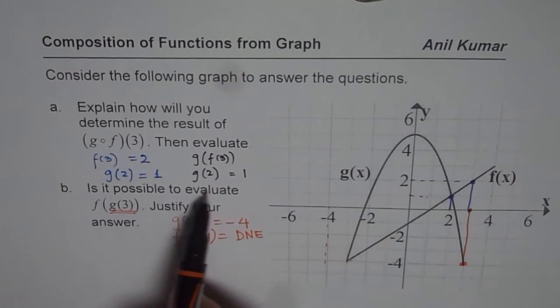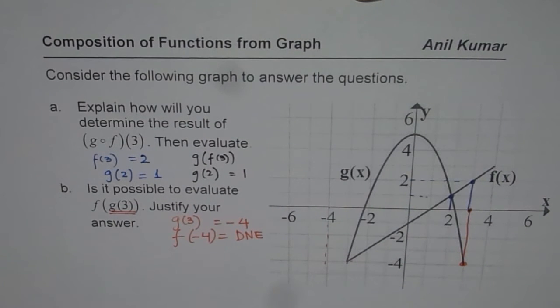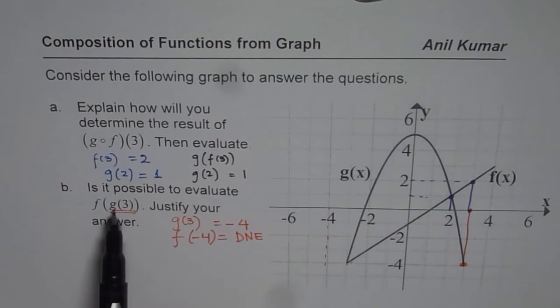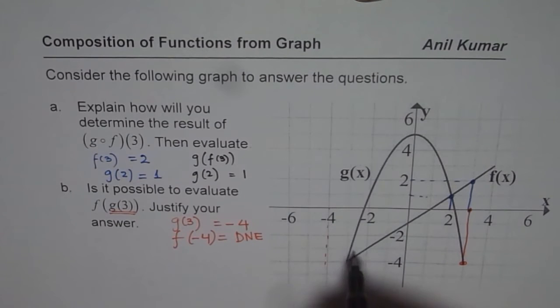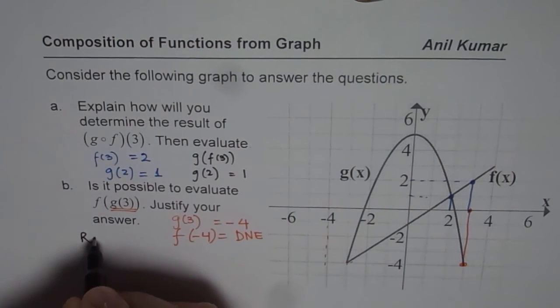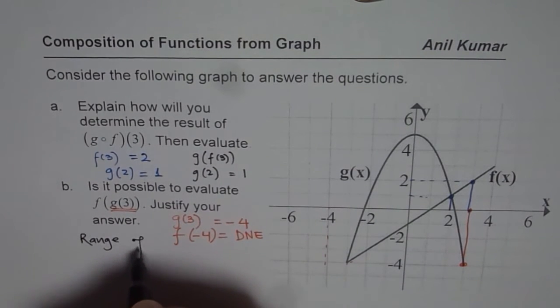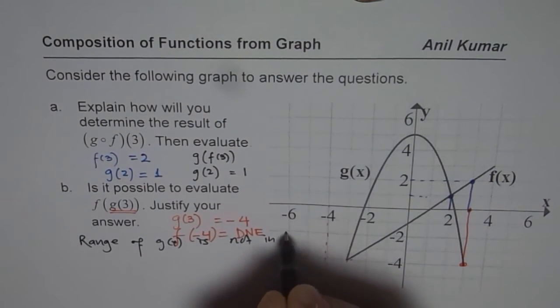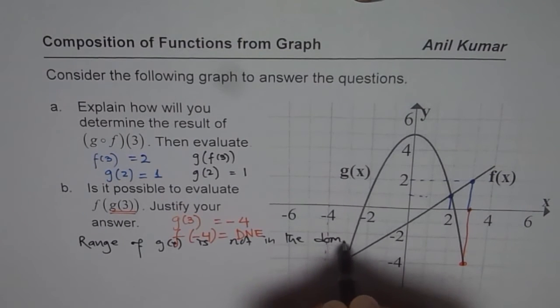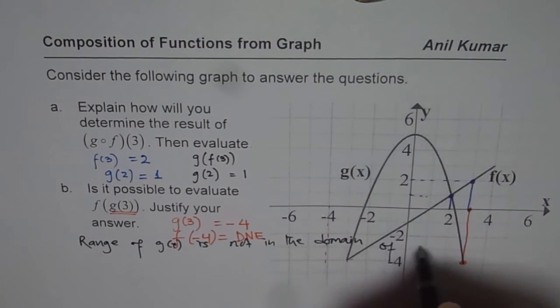Now the question: is it possible to evaluate f of g of 3? Justify your answer. No, it is not possible. Why is it not possible? That is what you need to answer. What you see here is that the range of the function g of x is not in the domain of f of x.